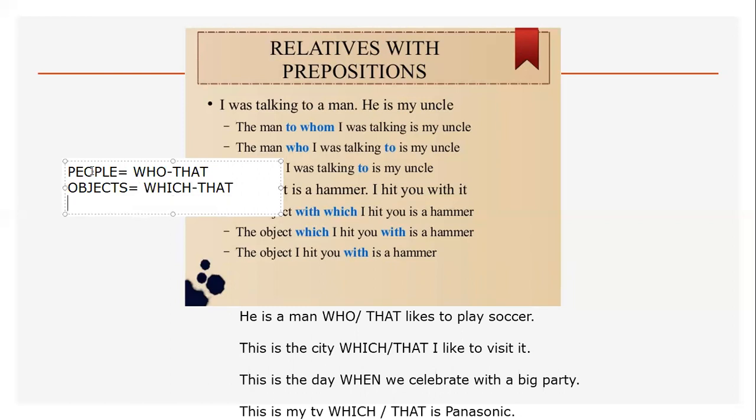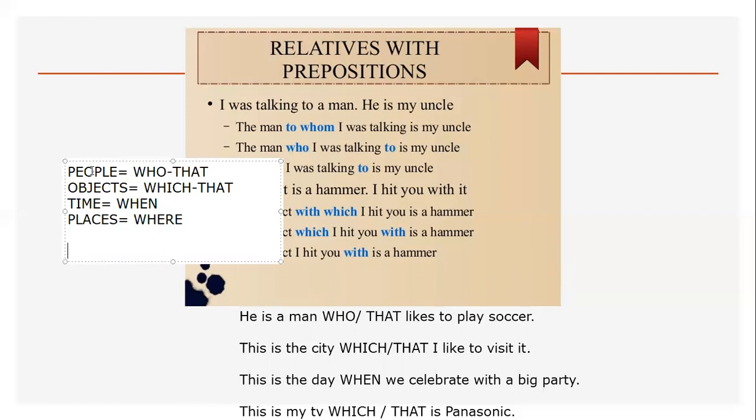When we refer to time, we use when. So for time, we are always going to use when. And for places, we are going to use where. So this is the idea.